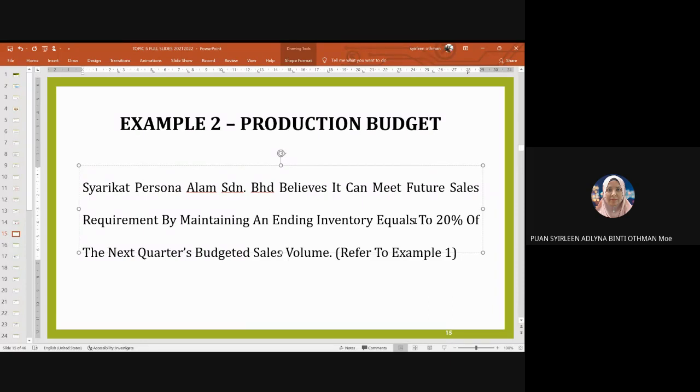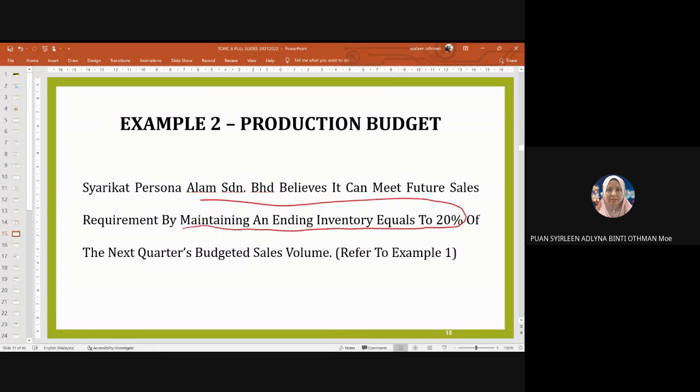So what is the policy? The ending inventory for each quarter is 20% of the next quarter budgeted sales volume. That means my ending inventory in quarter 1 is 20% of quarter 2's sales volume.